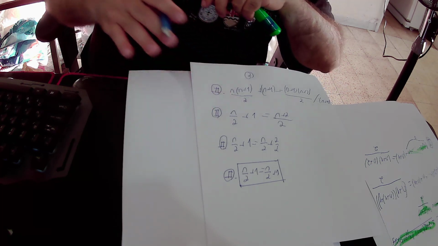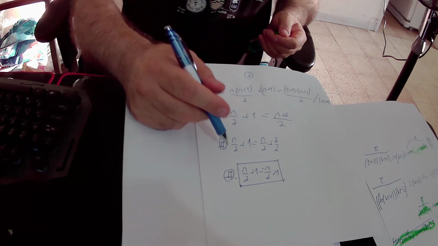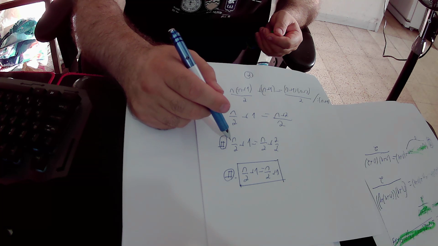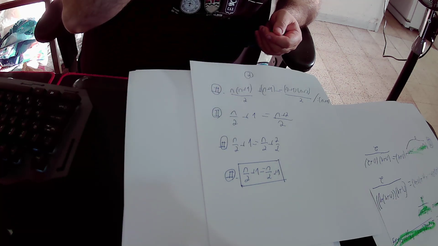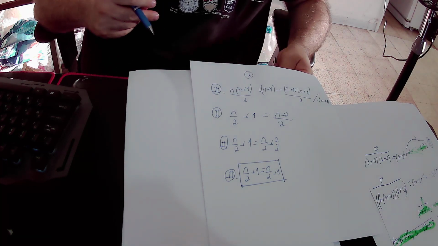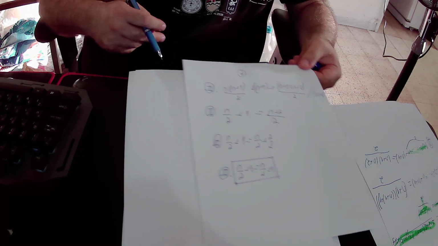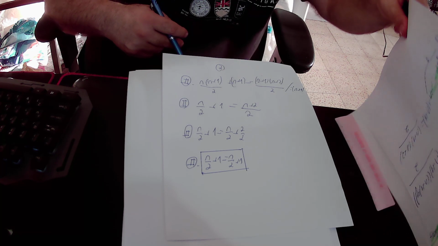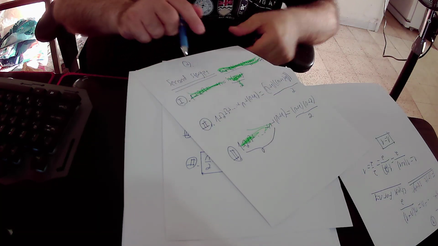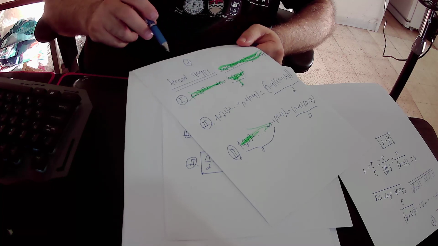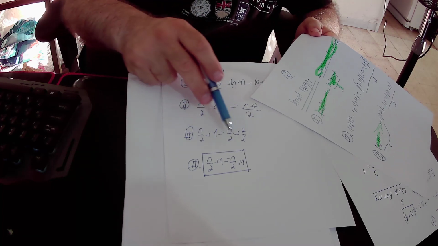So actually we proved that the second equation for n plus 1 is true. Or in general we proved that if the statement for n is true, the statement for n plus 1 is also true.